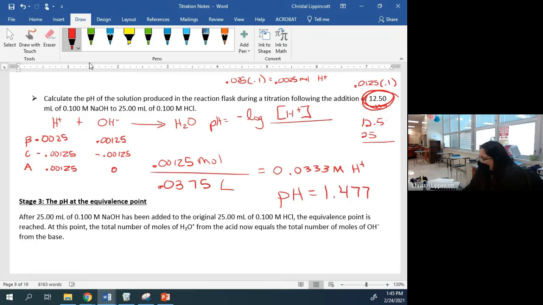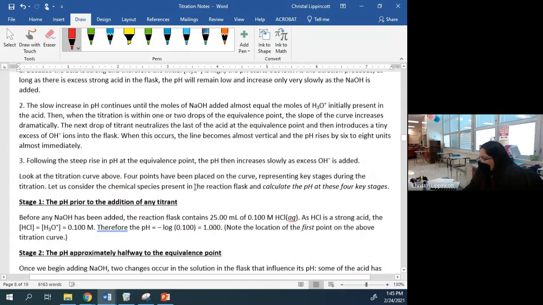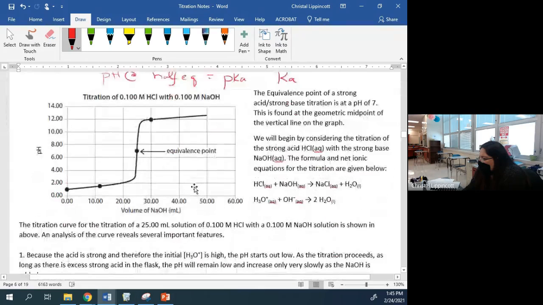Obviously 3.5 would be half of 7, so does it get more acidic? It gets less acidic as we add more base in. So pH is increasing here. No, but we have more acid here. We have 25 milliliters of HCl compared to half that for the base.